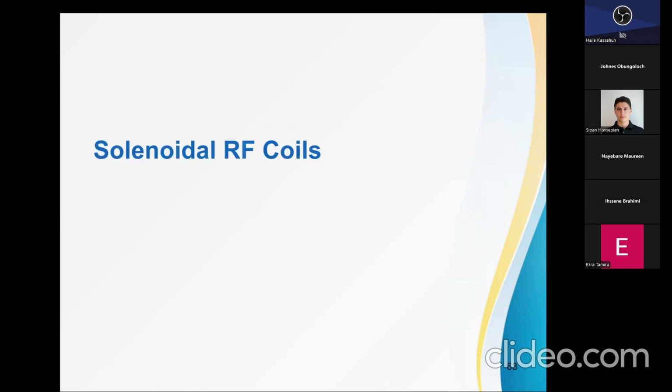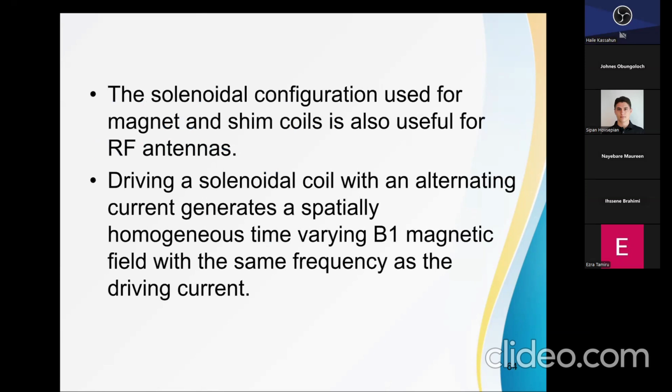Okay. So for RF solenoid coils, the configuration used for magnet and shim coils is also useful for RF antennas, for instance. When you are driving a solenoid coil with an alternating current, you generate a spatially varying magnetic field, B1, which has the same frequency as the driving current.